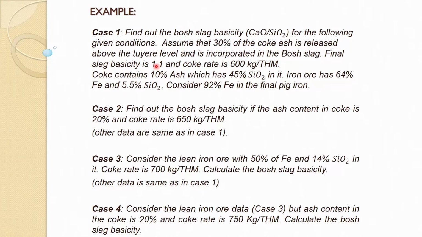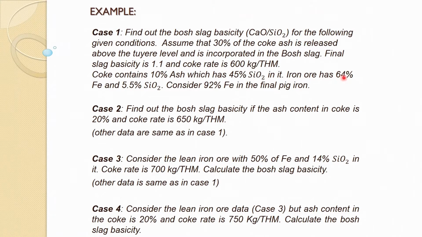So, that is given. The final slag basicity is given, which means the ratio of CaO to SiO2, and coke rate is 600 kg per ton of hot metal. Coke contains 10% S, which has 45% SiO2 in it.